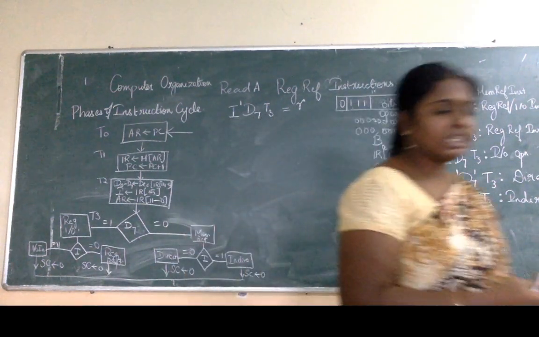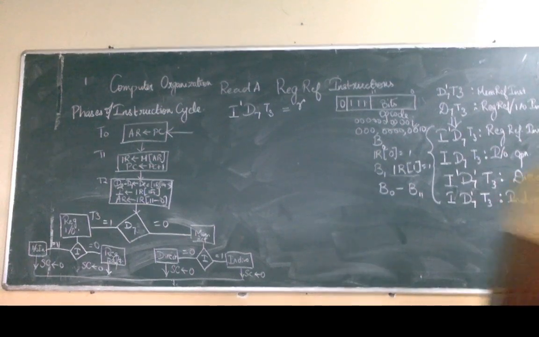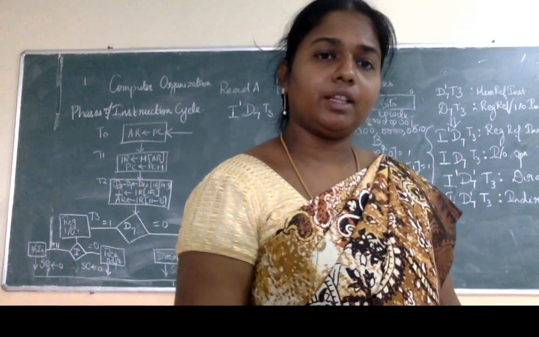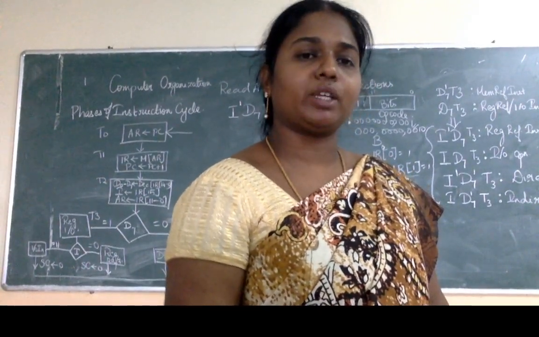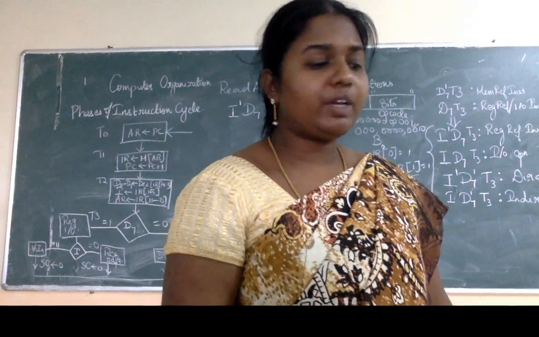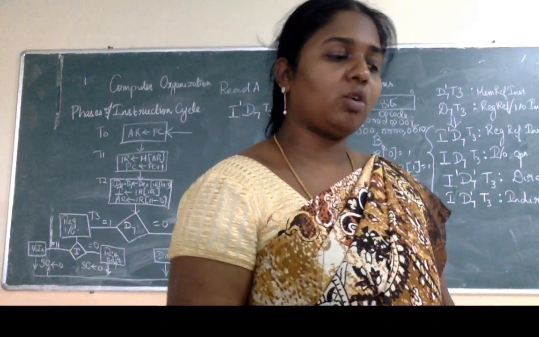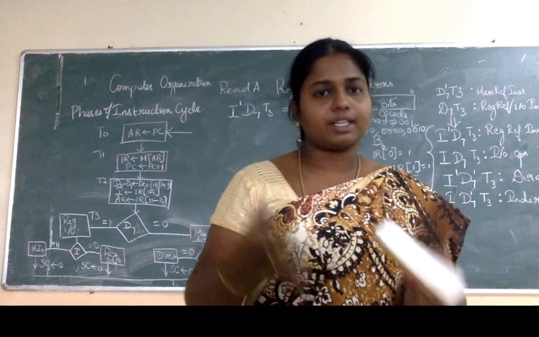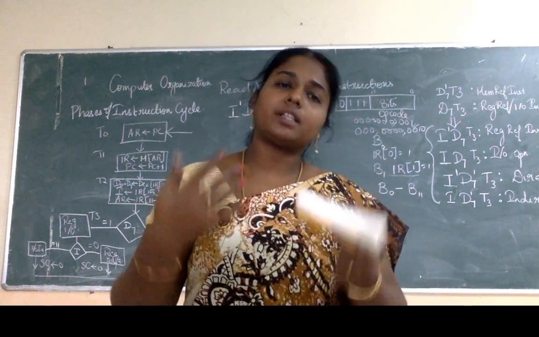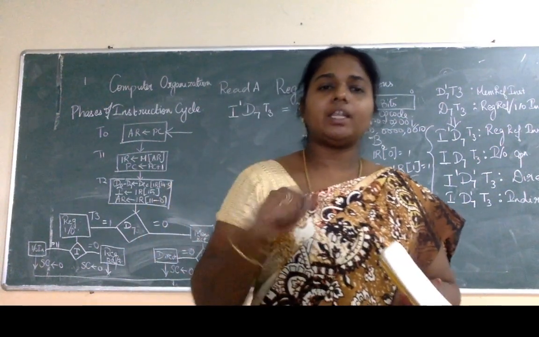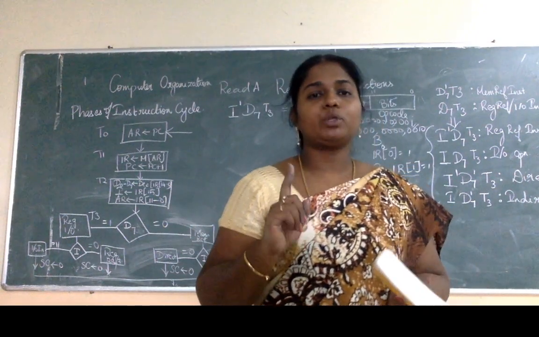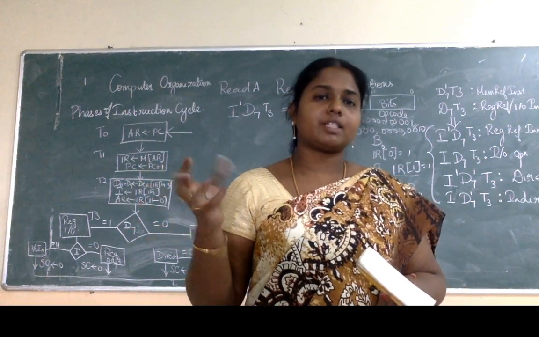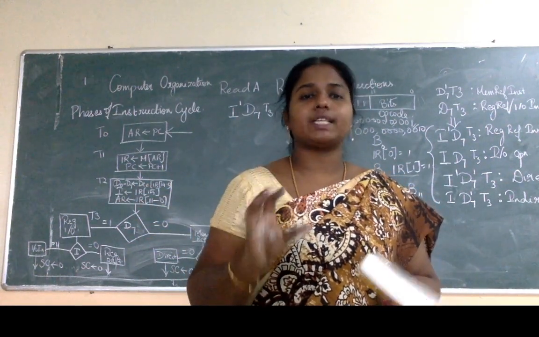I am now going to explain the 11 different register reference instructions available in the basic computer that we are trying to design. Let me tell you what registers are available in the basic computer. In the architecture that we have seen earlier, we used an accumulator and a temporary or data register. Instead of a data register symbol, the book uses an extra register.